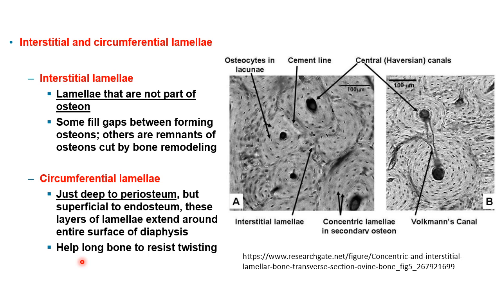If you don't have that nice composition of those structures, specifically of this circumferential lamella, then your bone can get a fracture due to the twisting. Right? So know where those are located.